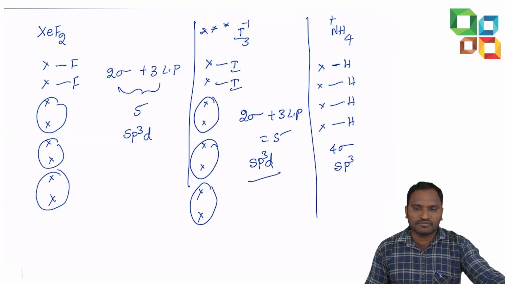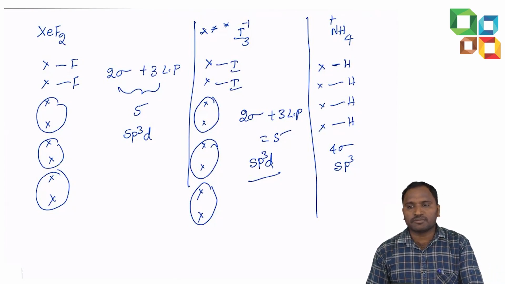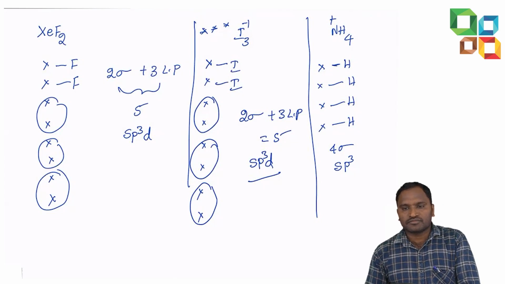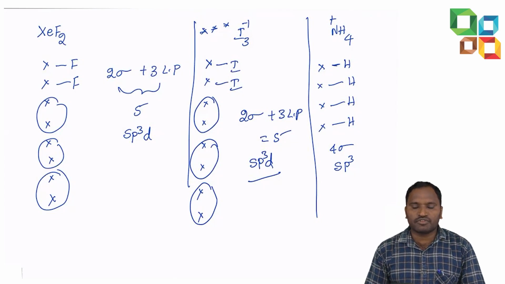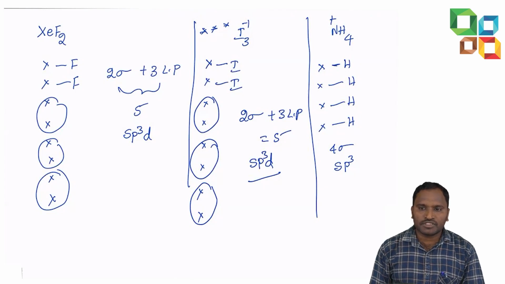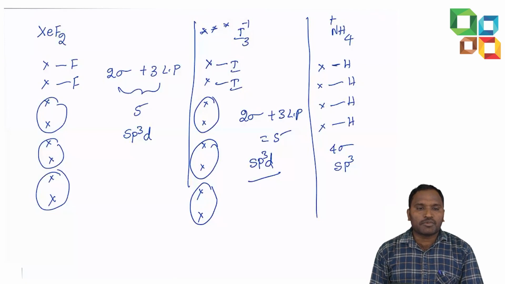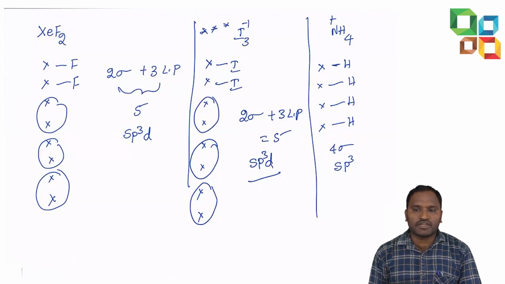Understood, students? How to find out hybridization? Just practice all these examples once again. If you get a doubt anywhere, you can ask. If you want me to revise or repeat any molecule, please let me know. Only three conditions. One, write the number of valence electrons. Two, form bonds between bonded atoms according to their valency.